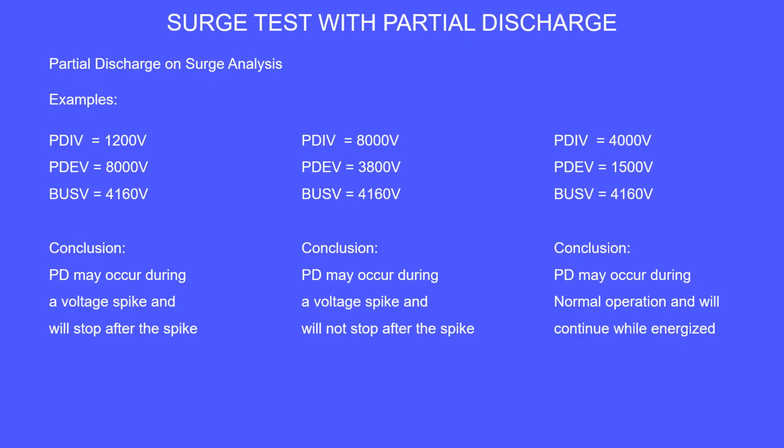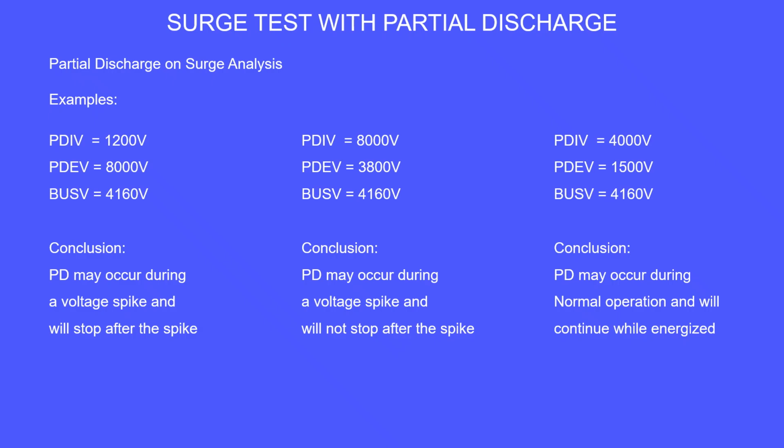PDIV equals 12000 volts. PDEV equals 8000 volts. Bus volts equals 4160 volts. Conclusion: PD may occur during a voltage spike and will stop after the spike. PDIV equals 8000 volts. PDEV equals 3800 volts.